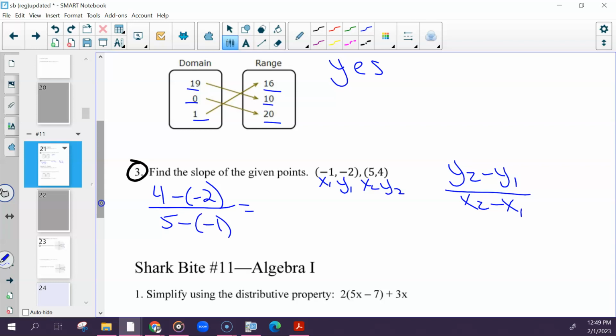Subtract those two. 4 minus a negative would really be plus, so this would be 6. 5 minus a negative would again be plus, so that would be 6. So your slope is 1. Remember that variable is m. Questions on that one?